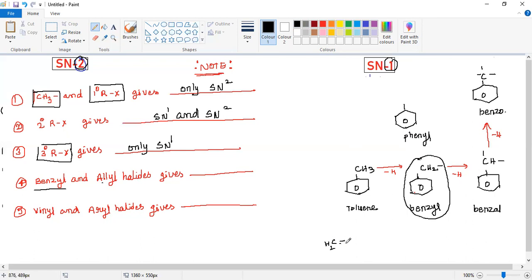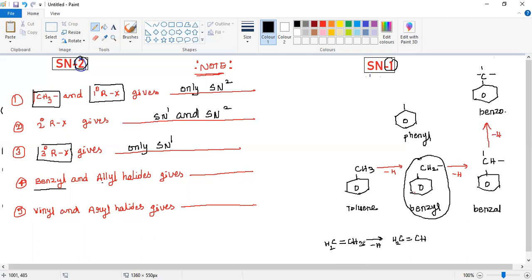So CH2 double bond CH2 is nothing but what? Two carbons are there, so eth, and a double bond is there, ene, so ethene, and the common name is ethylene. By removing one hydrogen, how can we write? CH2 double bond CH.